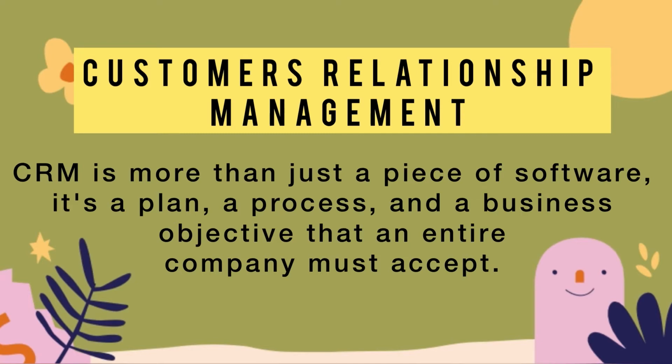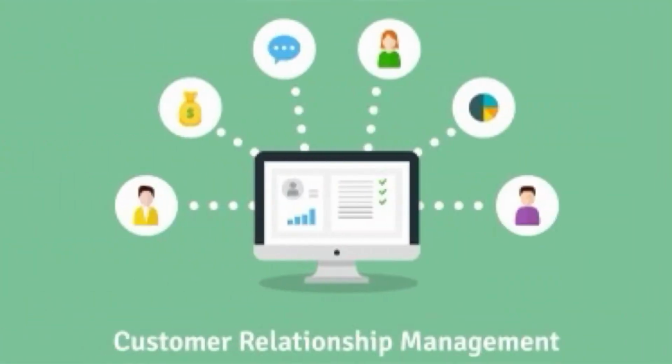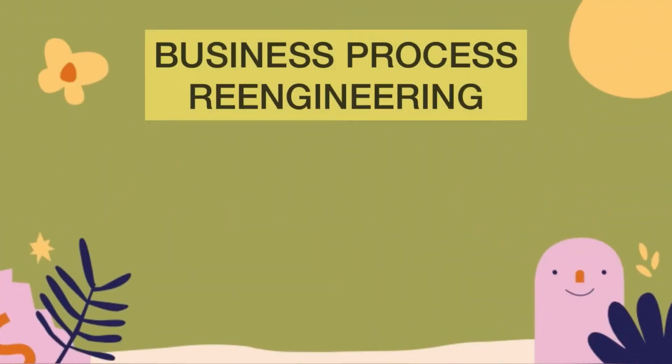It's a plan, a process, and a business objective that an entire company must accept. So CRM can enable an organization to identify types of customers, design customer marketing campaigns, treat customers as individuals, and understand customer buying behavior.